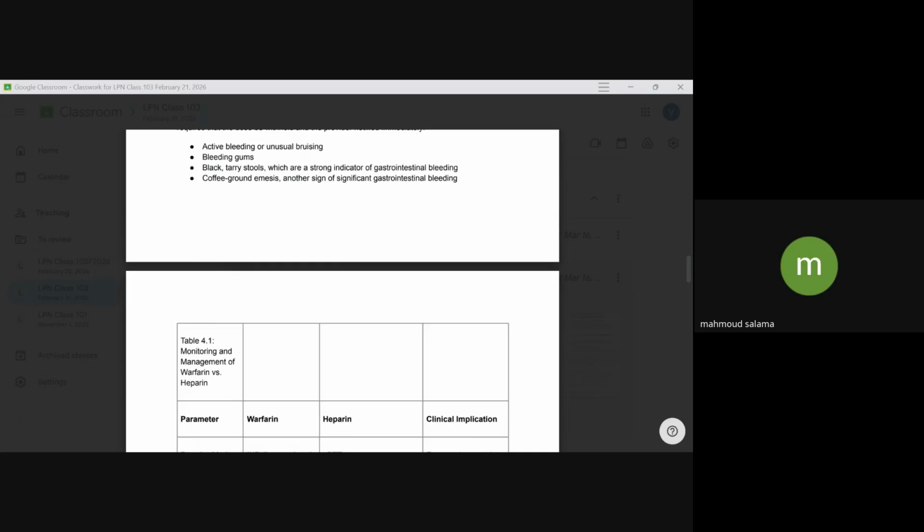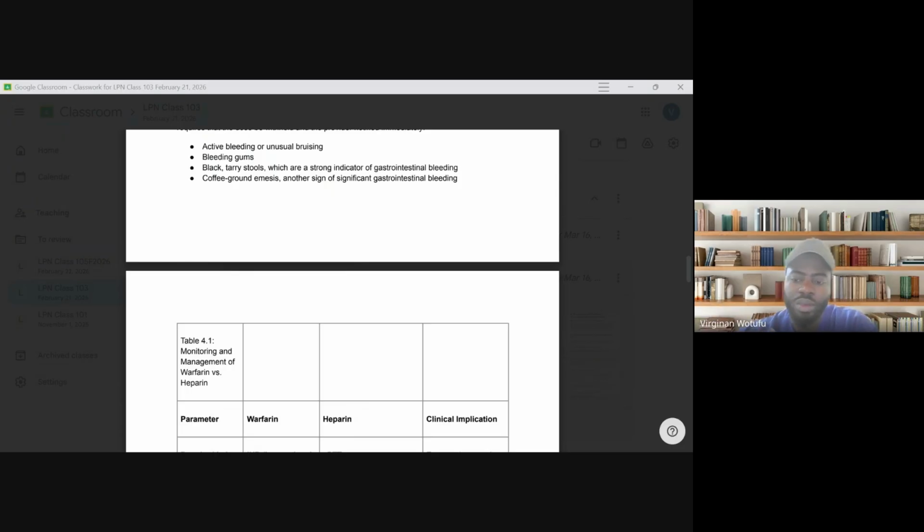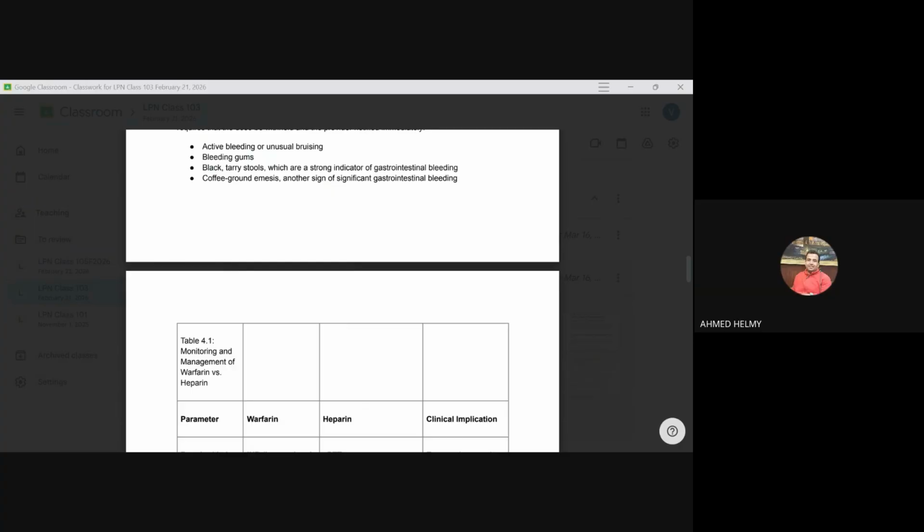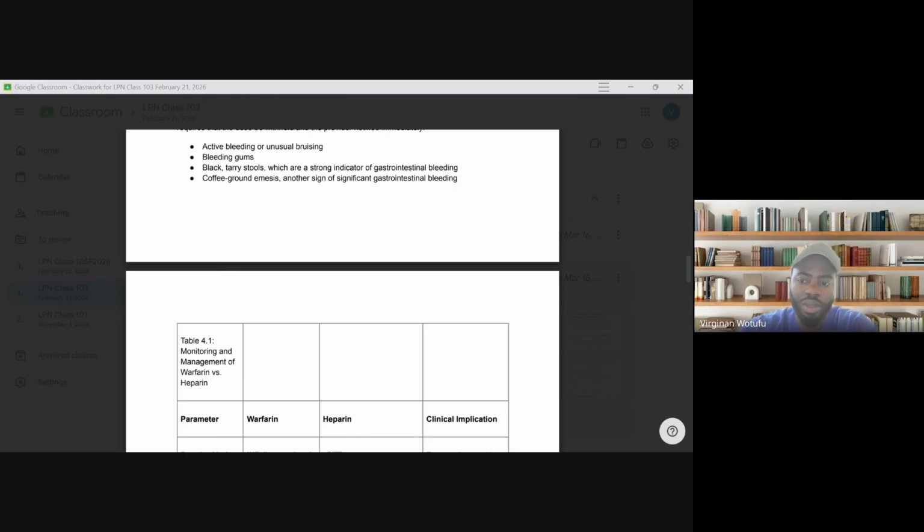I think for heparin it is protamine sulfate. You're right, correct. Protamine sulfate for heparin, and for warfarin, vitamin K. Correct. Warfarin, vitamin K.